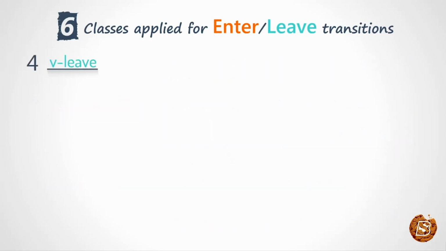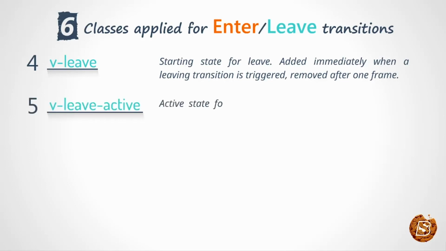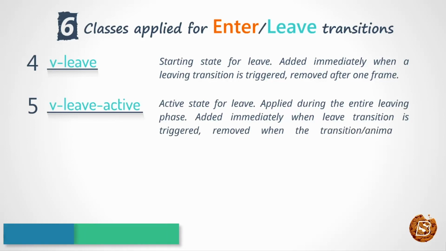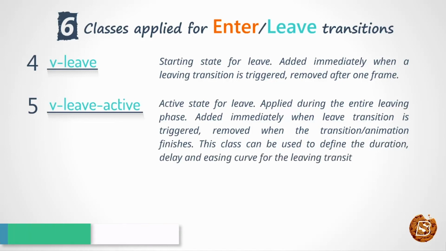Then we have v-leave, starting state for leave, added immediately when a leaving transition is triggered, removed after one frame. Then we have v-leave-active, active state for leave, applied during the entire leaving phase, added immediately when leave transition is triggered, removed when the transition animation finishes. This class can be used to define the duration, delay, and easing curve for the leaving transition.